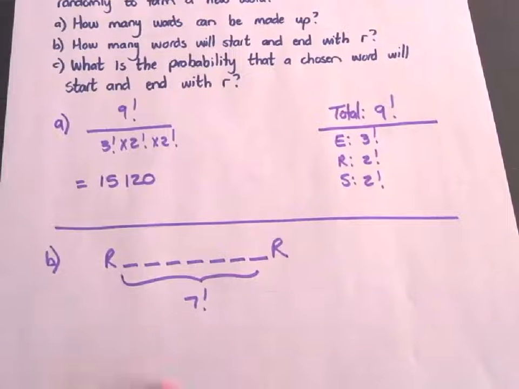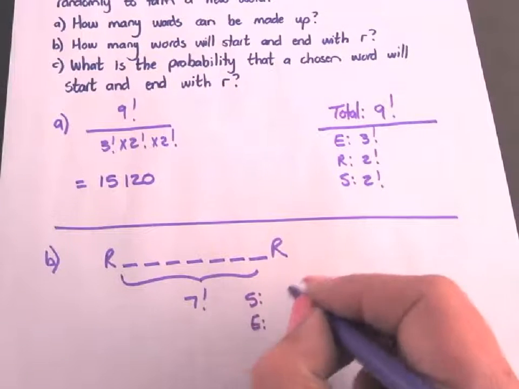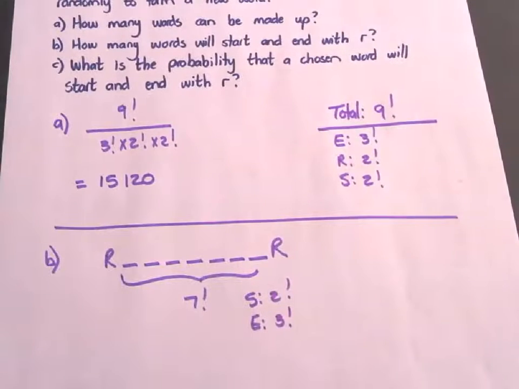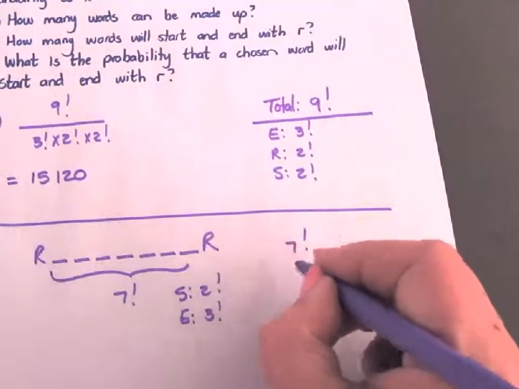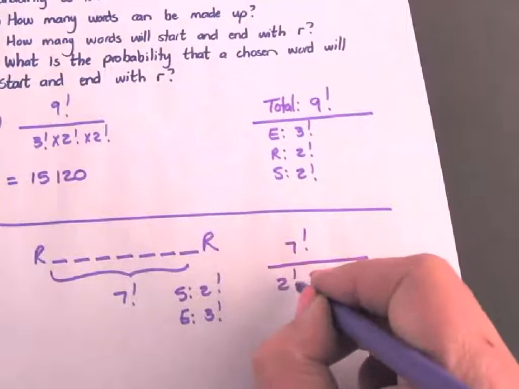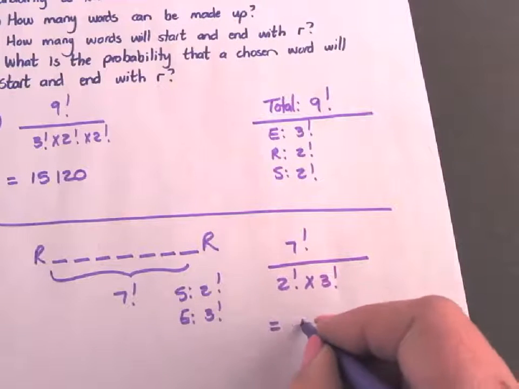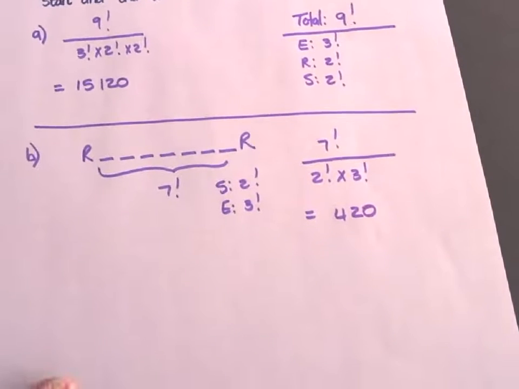Do we have repeaters in this 7? Which ones? S and E. We have 2 S's and we have 3 E's. So the total will be 7 factorial over 2 factorial times 3 factorial, and that is 420 possible arrangements.